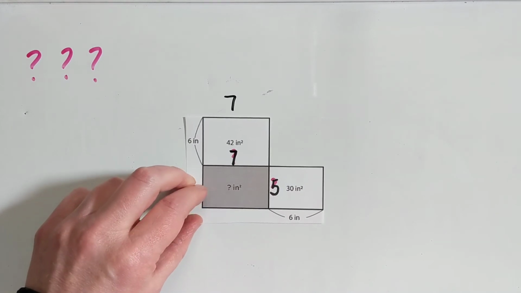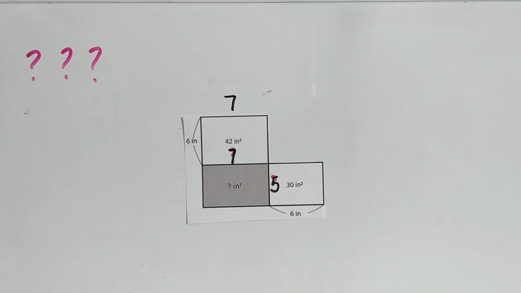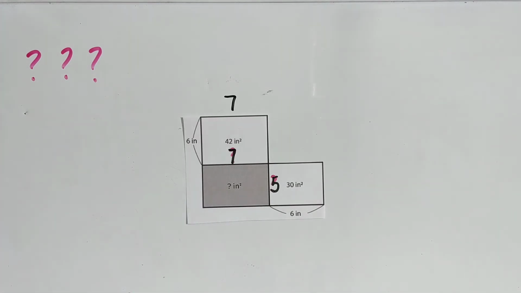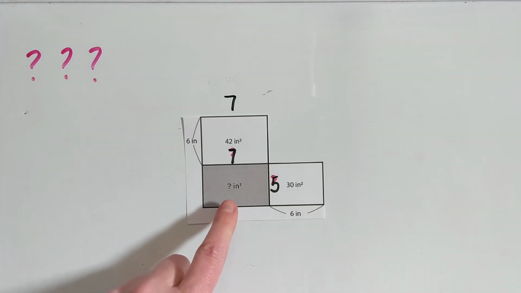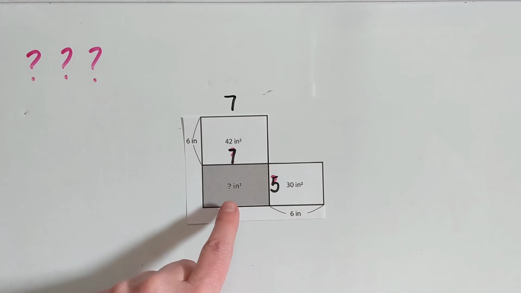Now I have 2 sides and the area that I don't know, which is ultimately the one I'm looking for. The one you're looking for should be a bigger question mark in a different color. That's the key one.